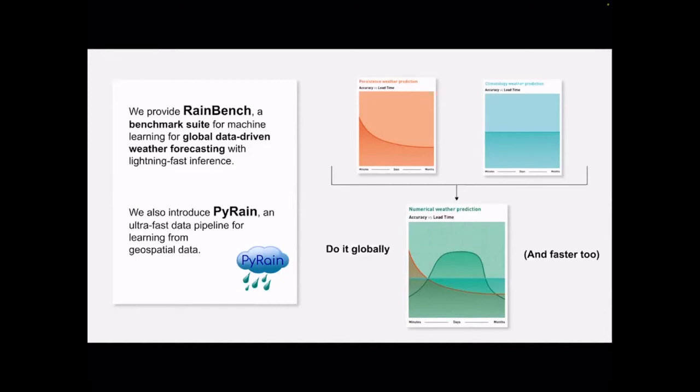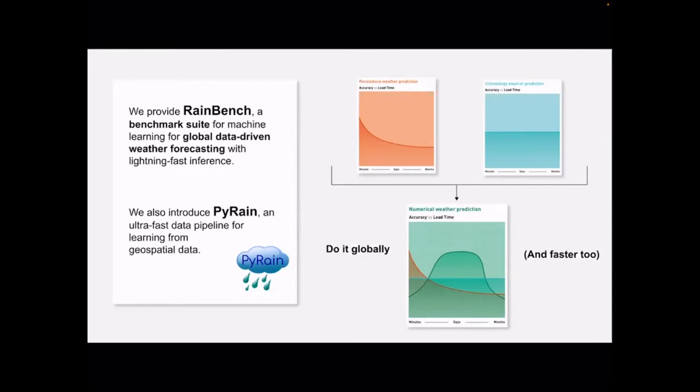What we have provided in our work is a benchmark suite for machine learning for global data-driven weather forecasting, because when we have lead times of a few days, we actually need to input pretty much the whole globe as context. While for nowcasting, maybe just the US might be enough. And then we also introduce a new data pipeline for these kinds of problems called PyRain.